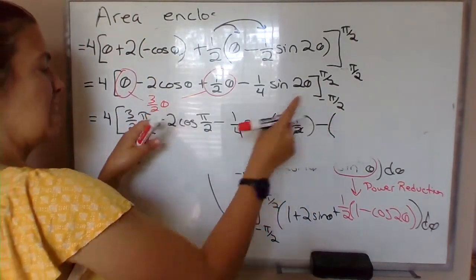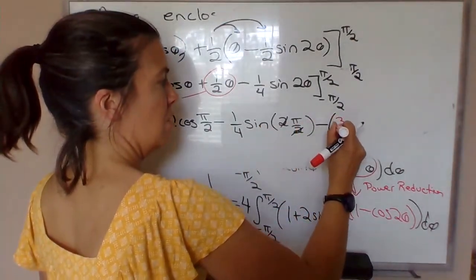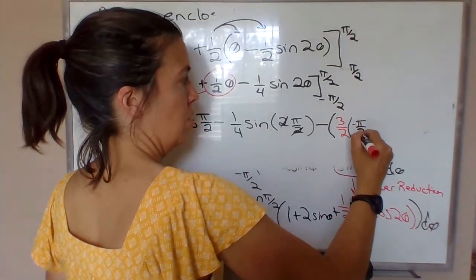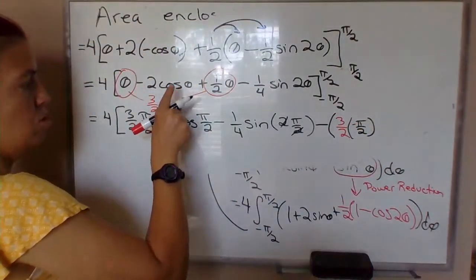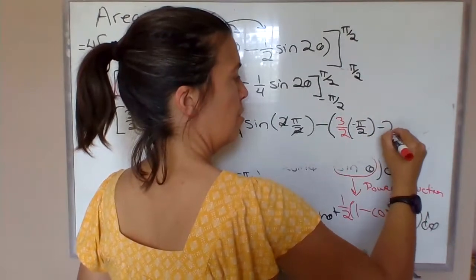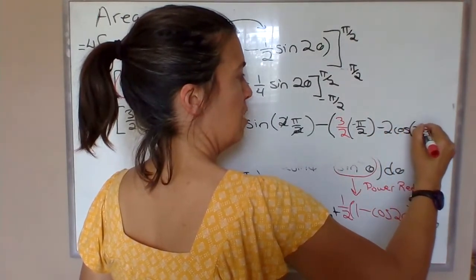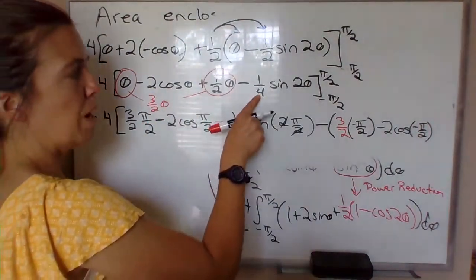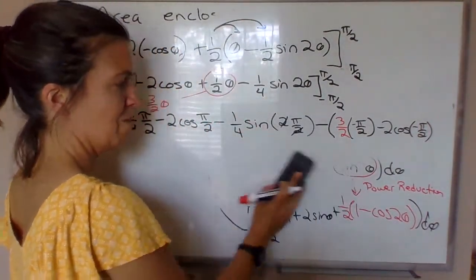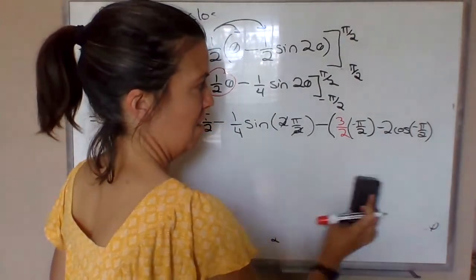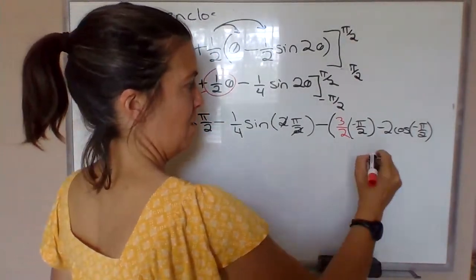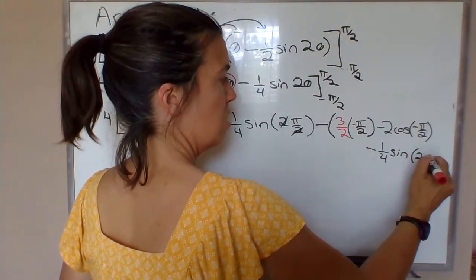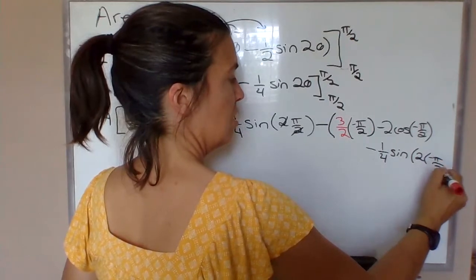So we combine these guys, it's 3/2 times negative pi over 2, minus 2 cosine of negative pi over 2, minus 1/4 sine of 2 times theta, which is negative pi over 2.